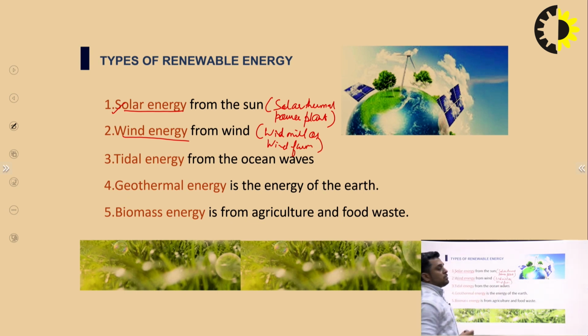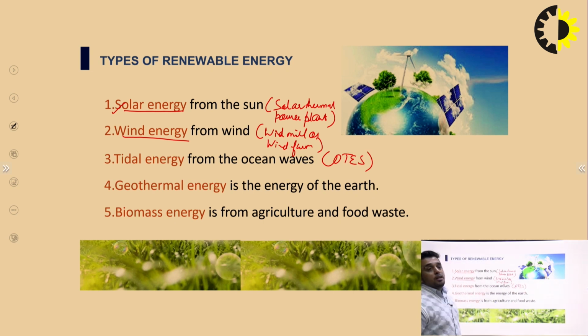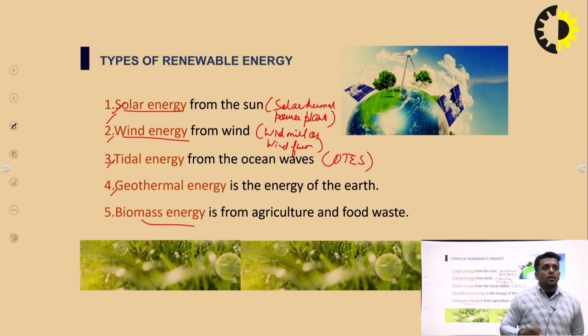Then tidal energy, ocean energy, for which we have the ocean thermal energy system. For geothermal energy, we have the geothermal energy system. For biomass energy, we have the biomass energy system. So these are the different types of renewable energy resources available.